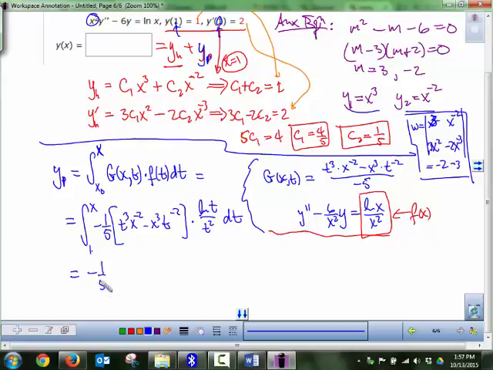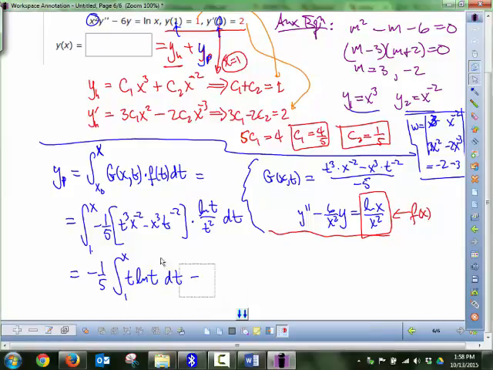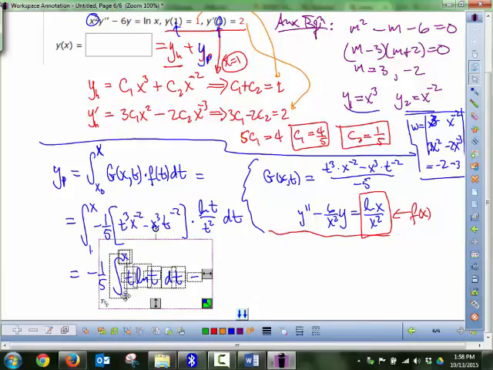All right, let's see if this is going to be simplified. We'll break this up into two different integrals. In one of them the t would cancel. We got t ln t. I think that's doable. And then there's an x in here. I'm going to move the x outside.